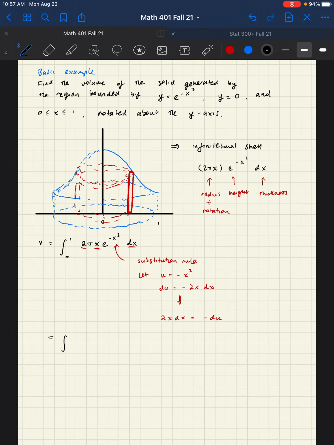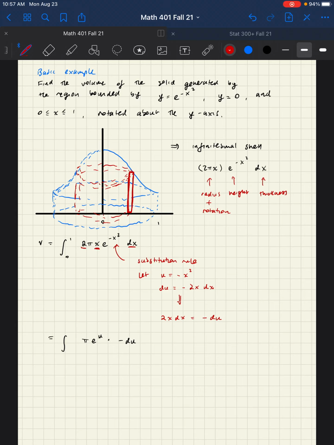All right, so that means our integral becomes the integral from, and I'm going to have to change the limits as well, but I'll get to that in a second, pi e to the u times negative du. And remember that we have to change the limits of integration as well.